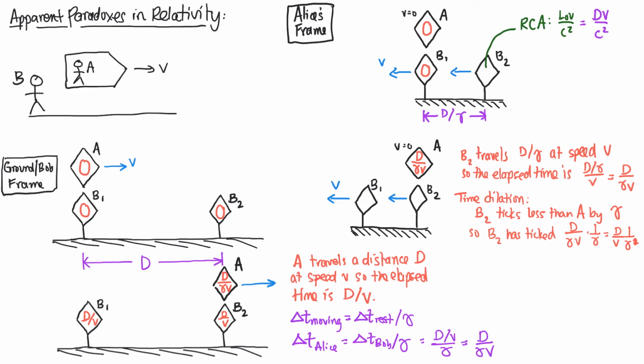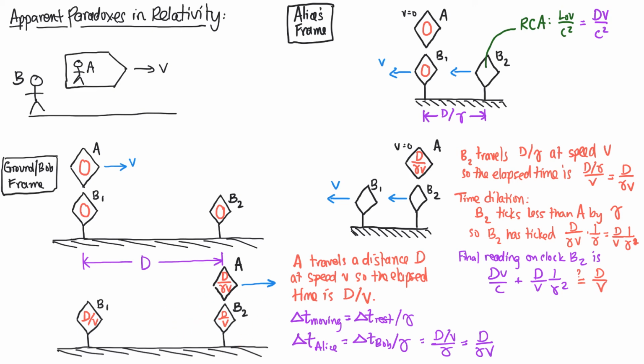So again, the claim is that the final reading on clock B2 is the initial reading plus the amount of time ticked off. So the initial reading is what it was in the first picture, and then we agreed that it ticked off D over V times 1 over gamma squared. And the claim is that this quantity equals D over V, which is the reading that we found in the ground frame.